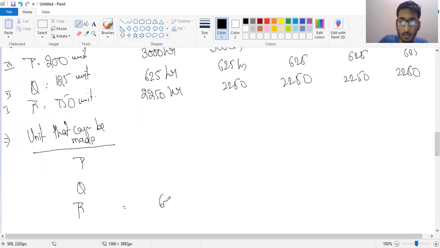I can say 600 units you can make, and the balance would be nil, because 1800 divided by 3 is 600. Since only 1800 hours is maximum available, you can produce maximum 600 units.